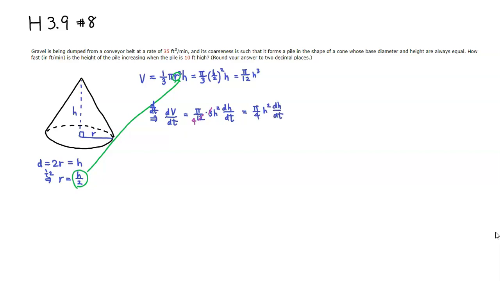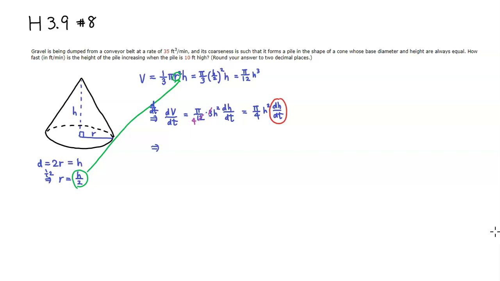And then we're looking for how fast the height of the pile is increasing. So dh over dt is the guy we're looking for. Let's isolate that first.